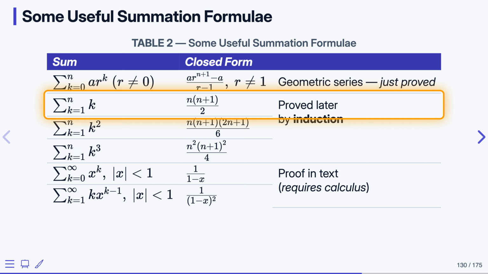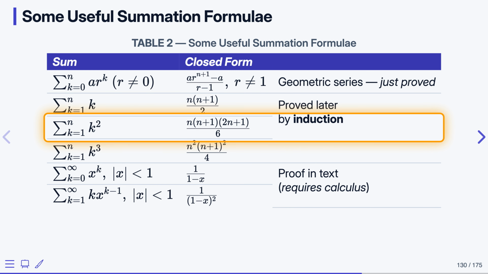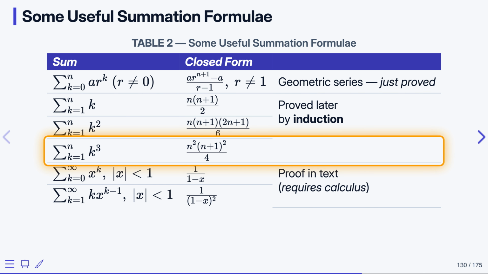The sum of k from 1 to n is n times n plus 1 over 2. The sum of k squared is n times n plus 1 times 2n plus 1 over 6. The sum of k cubed is n squared times n plus 1 squared over 4. We prove these three later using mathematical induction.